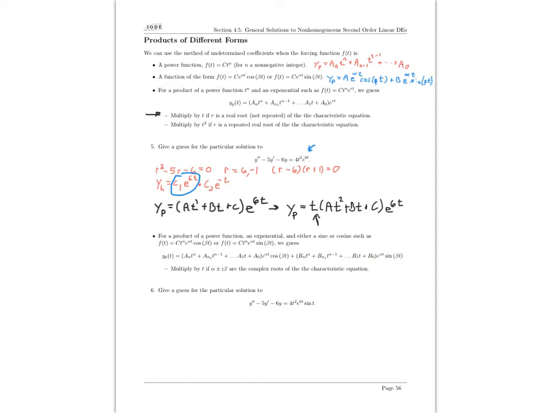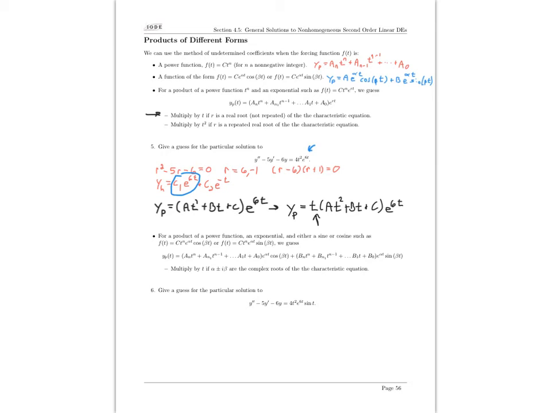And again, we might have some resonance. If when I solve the homogeneous part, I get a complex solution of alpha plus or minus i beta, then we would have resonance and we would need to multiply by just one factor of t.